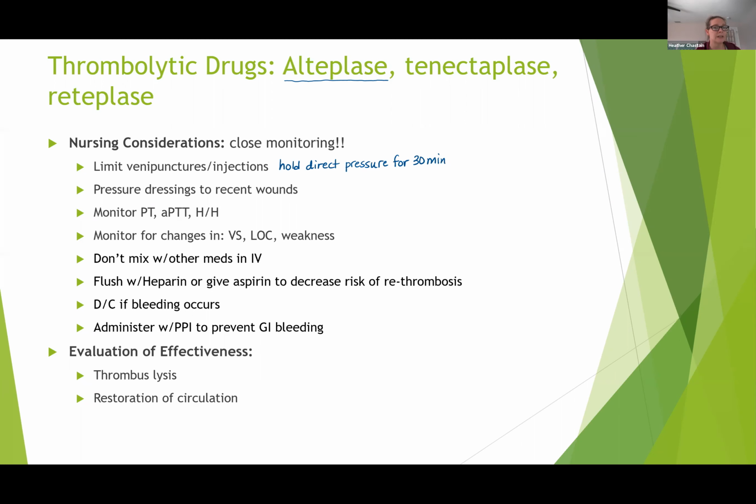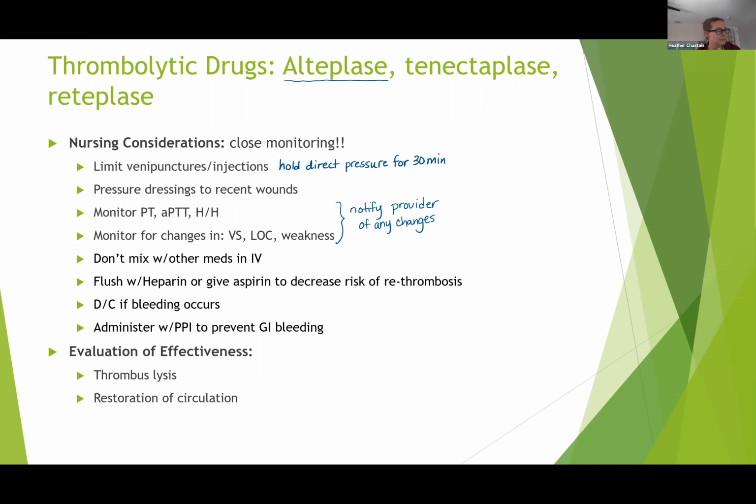Monitor for changes in vital signs, level of consciousness, any kind of weakness, because a change in level of consciousness or weakness could be from hypovolemia, from blood loss. That would be really bad. You want to make sure that you notify your provider of any changes to any of these things, any labs, or to your assessment findings.